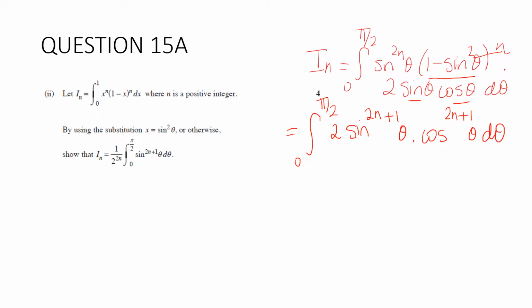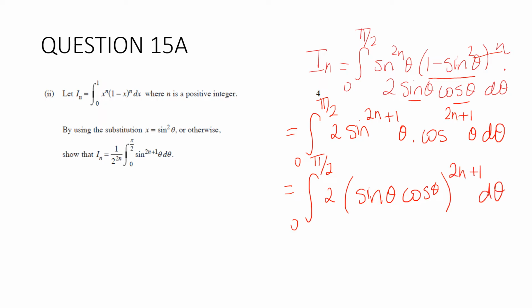And this is nice, isn't it? Because it's equal to the integral between 0 and pi on 2, and then we've got (sine theta cos theta) to the power of 2n plus 1 d theta.